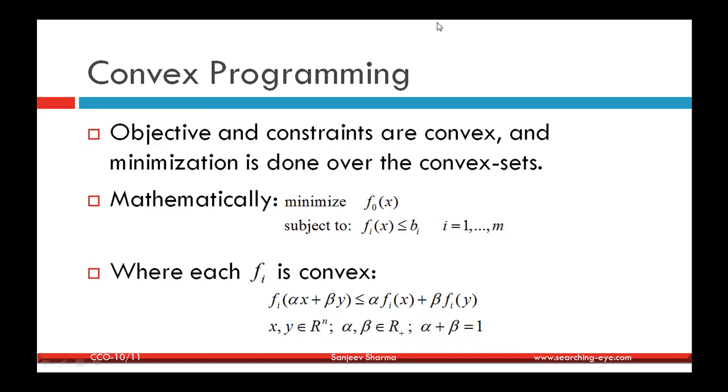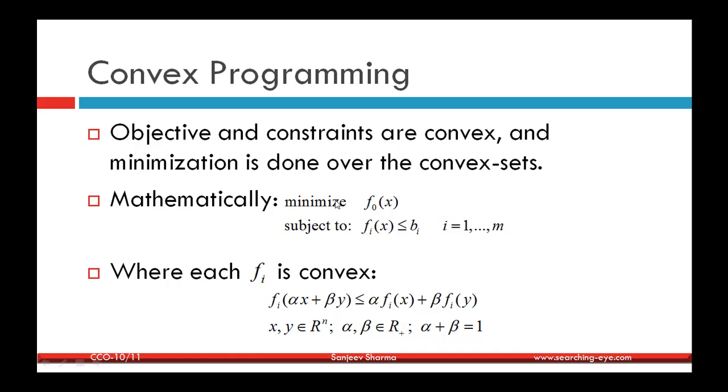So let's discuss the convex programming problem. As we have discussed, the objective and constraint functions in a convex programming problem are all convex, and mathematically this is just minimize f_0 of x subject to constraints that each f_i of x is less than or equal to b_i, where we have m such constraints, and each f_i is convex and should satisfy this condition: f_i of alpha x plus beta y is less than or equal to alpha times f_i of x plus beta times f_i of y, where x and y are vectors in Rn, alpha and beta are non-negative, and alpha plus beta is equal to 1.